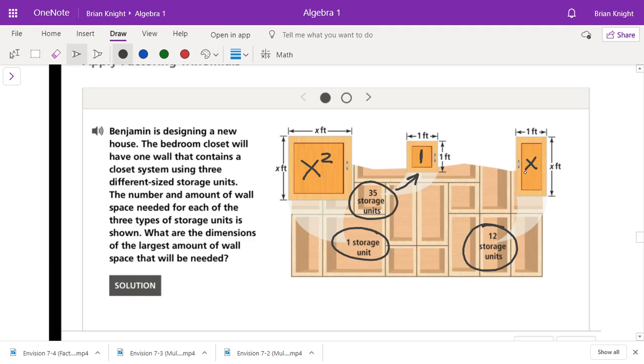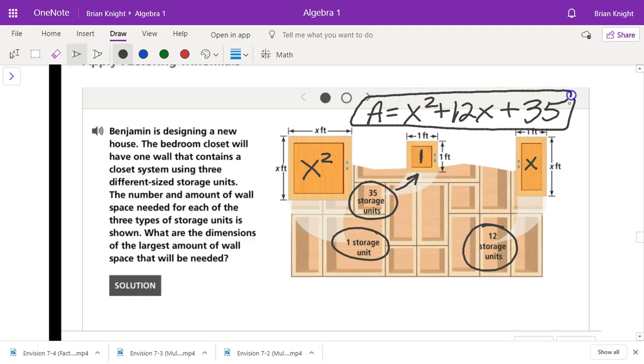X. So, our area is how many of these? Just 1. Plus, how many of these? Okay, that's part A.